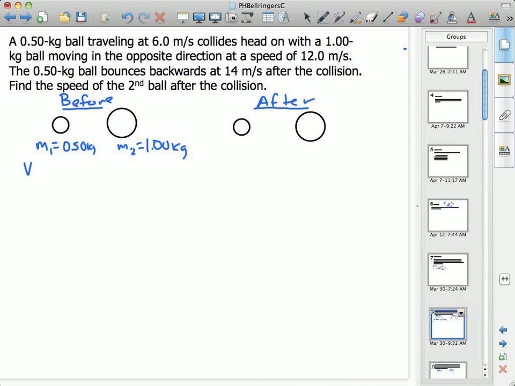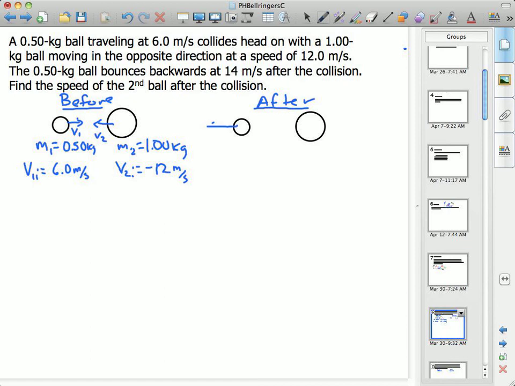The smaller ball has an initial velocity, we'll call that v1 initial, of 6.0 meters per second. And the second ball is going in the opposite direction, so it has a negative velocity, negative 12 meters per second. So we'll draw some vectors here showing the initial velocity for both balls, v1 and v2.